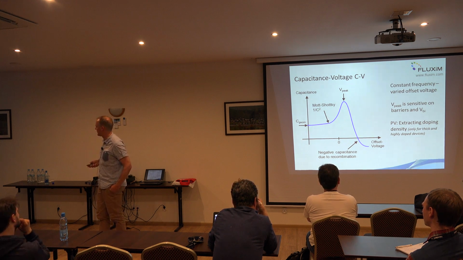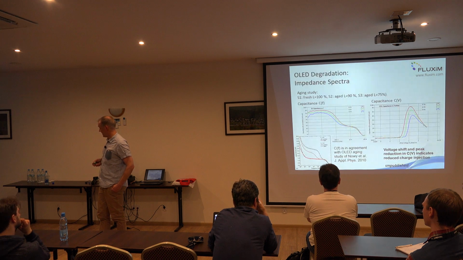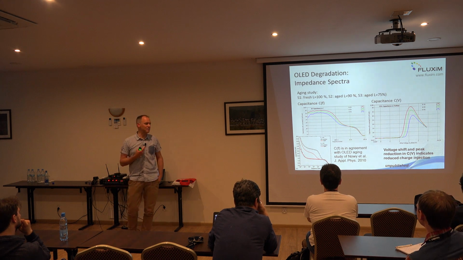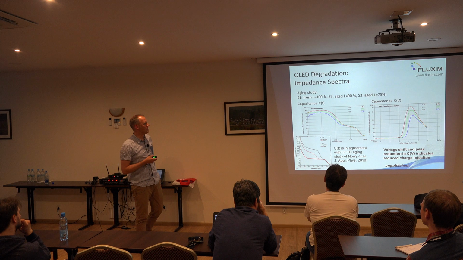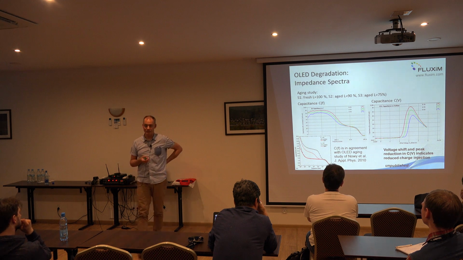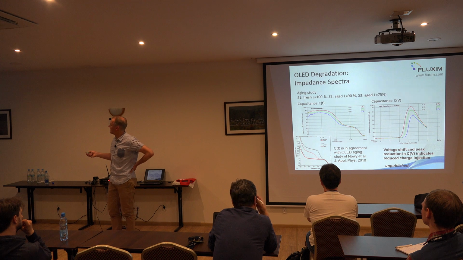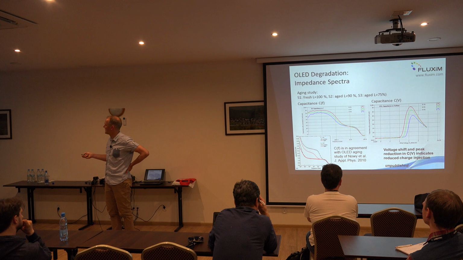That's an additional feature. Now here's an example of OLED degradation, which was monitored using capacitance-frequency and capacitance-voltage response. The first OLED was fresh, 100% light output at the given current density.